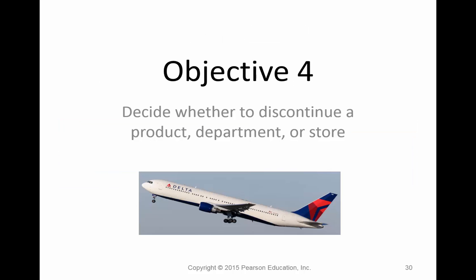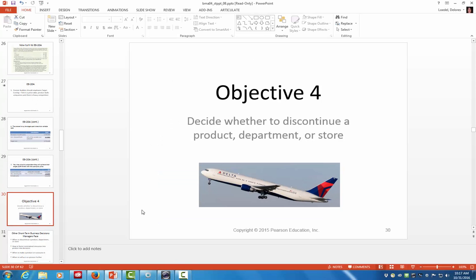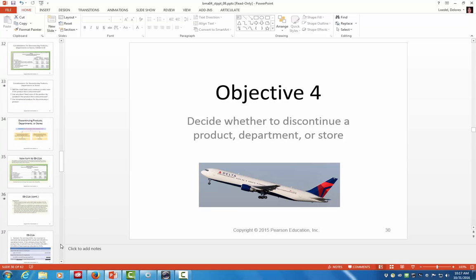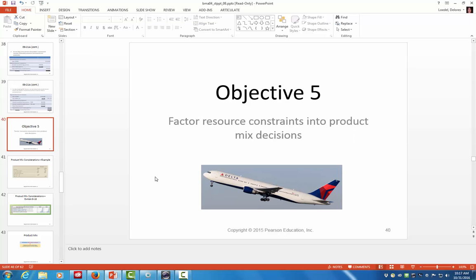Okay. The next objective that we're going to look at is objective number 5. So I'm going to skip over to that one here. And objective 5 is factor resource constraints into product mix decisions.